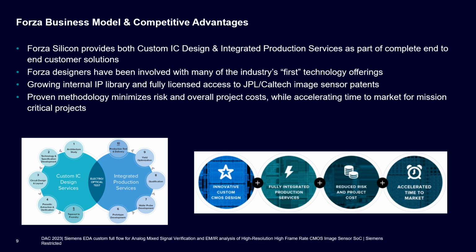This process involves analog mixed signal circuit design, layout, post-layout extracted simulations, top chip functional verification, and finally tape out to foundry. To expand our revenue stream and provide a complete end-to-end customer solution, we also provide integrated production services, which involves prototype development, wafer probing, qualification, yield optimization, and production part delivery to our customers.